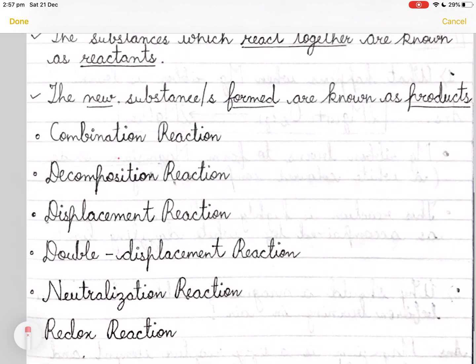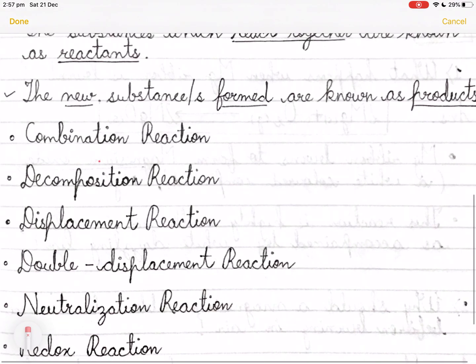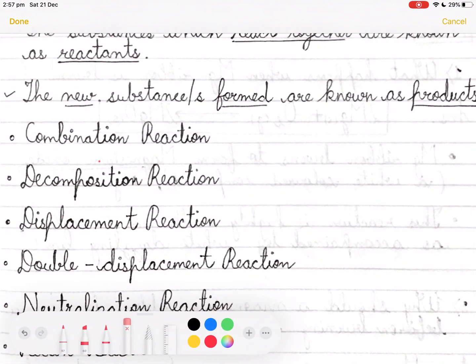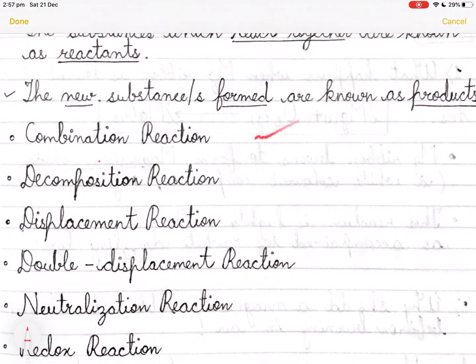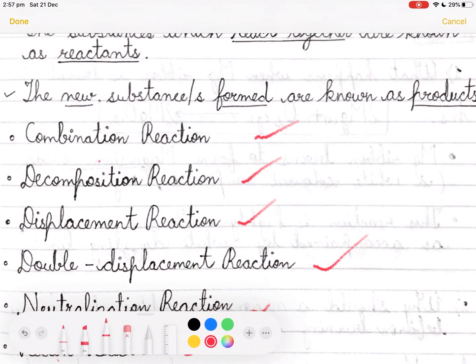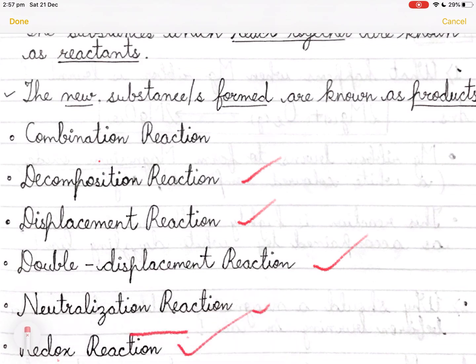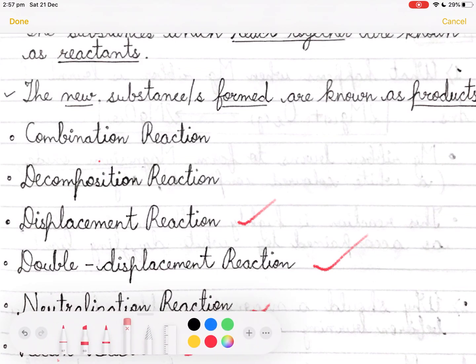Now we get into the different types of chemical reactions. So here I have discussed the different types of chemical reactions for you. Let me take it one by one. Combination reaction, decomposition reaction, displacement, double displacement, neutralization, and the last one to share with you is redox reaction. Now, in this video it is difficult to capture all the reactions at one stage and it will be very confusing for you as well.